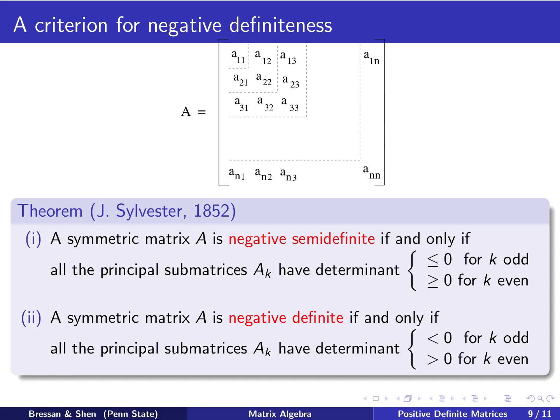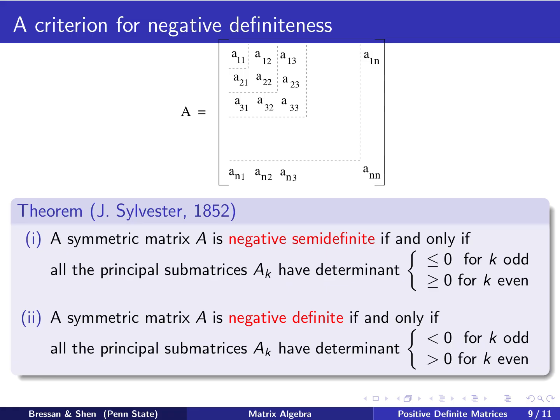So there is a counterpart of the Sylvester theorem. We looked at the version for positive semi-definite and positive definite, and you can have a counterpart for the negative semi-definite and negative definite matrices. So here's the following.